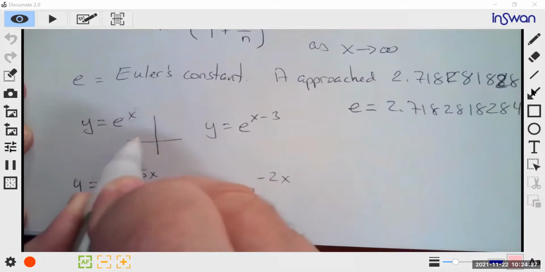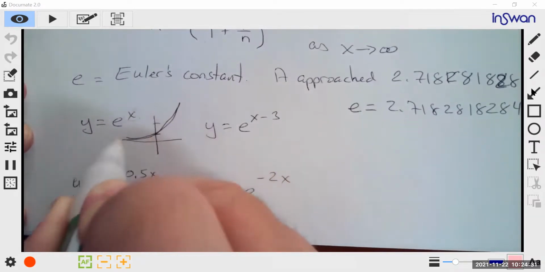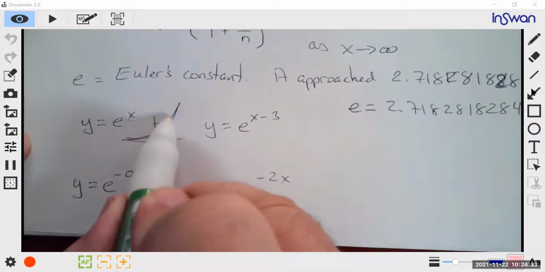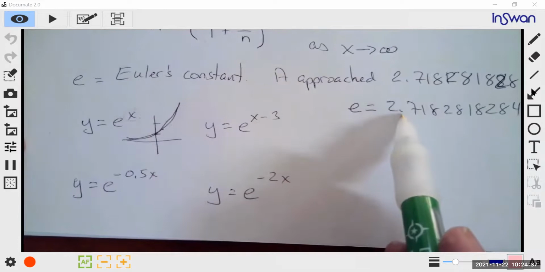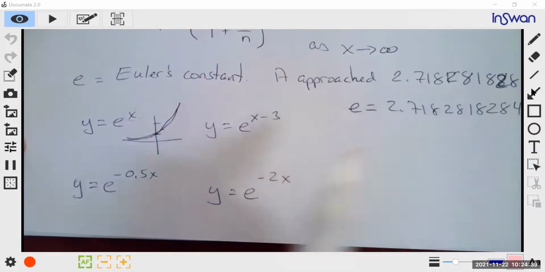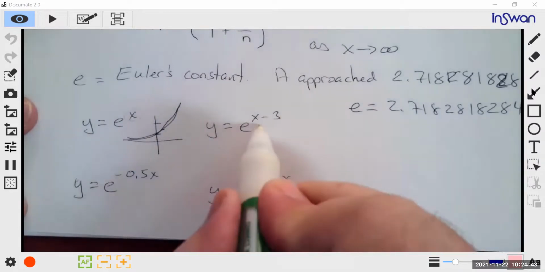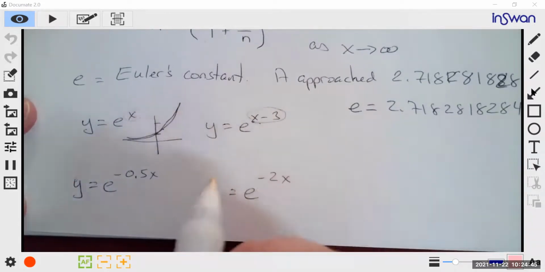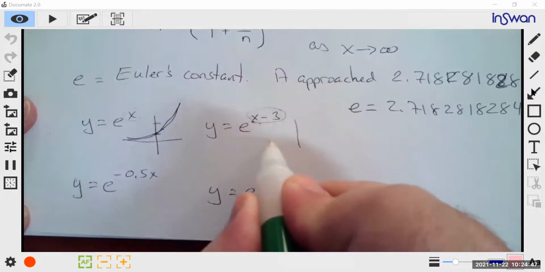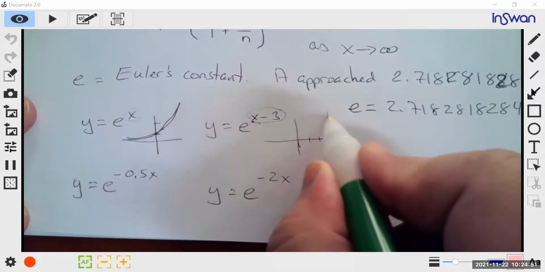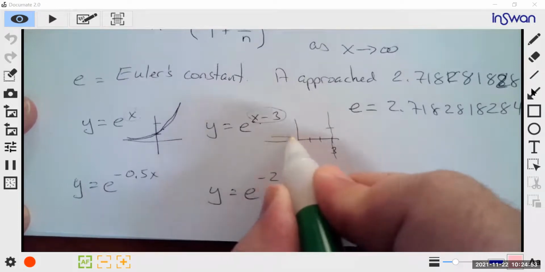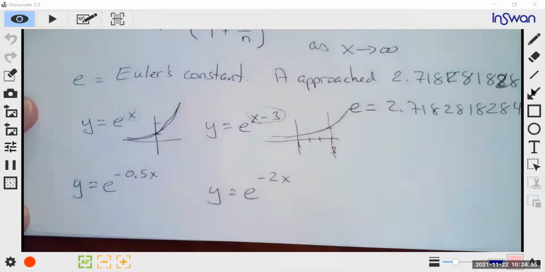So the graph of this one crosses through 1 and it goes up. But again, the actual individual points are different because it's times 2.718. But the graph, the shape looks the same. This one shifted to the right, how many spaces? So 1, 2, 3. So there's my new origin, and it crosses at 1.